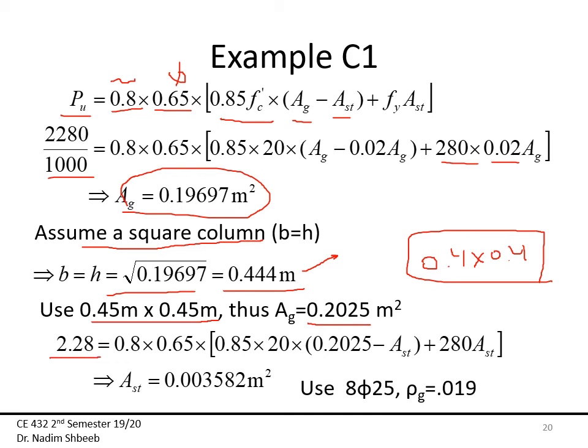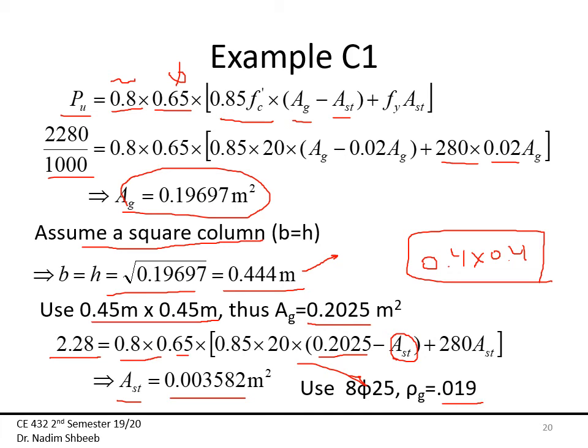So now 2.28, which was my 2,280 divided by 1,000, over 0.8 times 0.65. Here I'm using my new area gross. The only unknown is going to be my area of steel. So for that, this is my area of steel, which will give me 8,525, and that's a ratio of almost 2%.